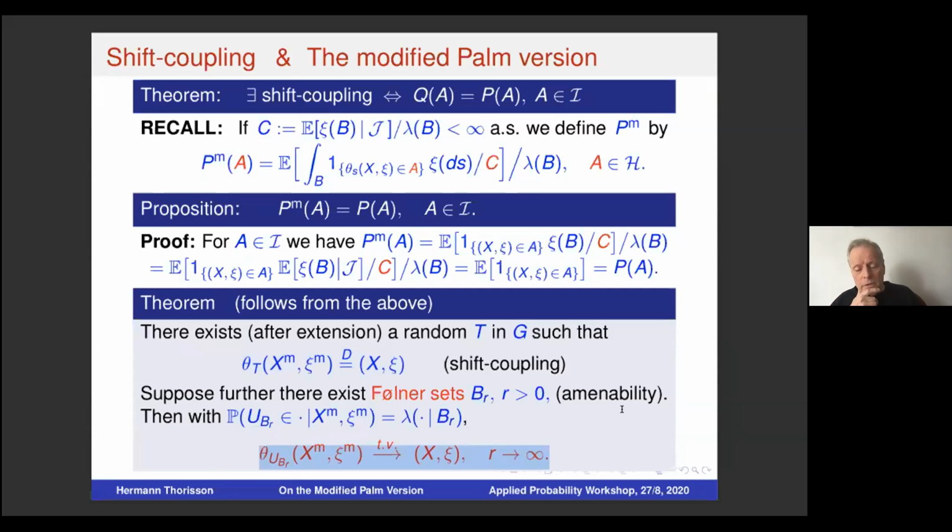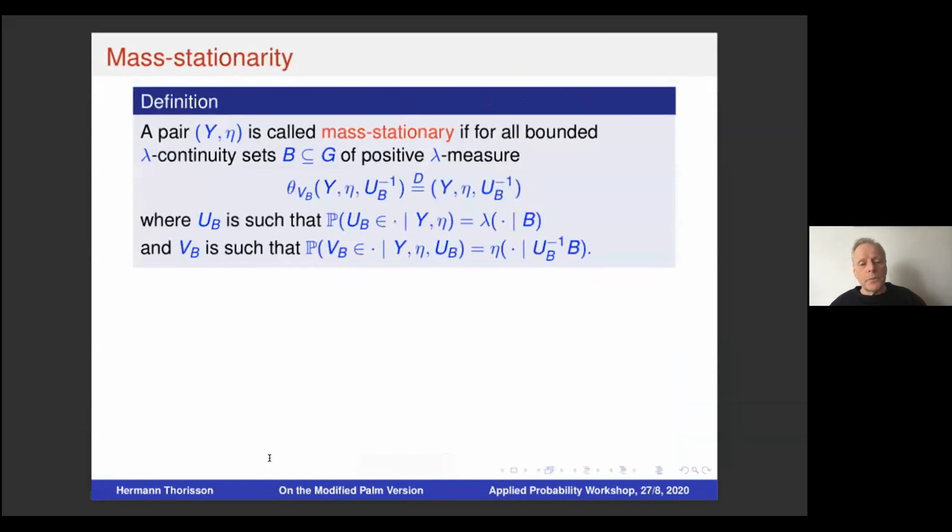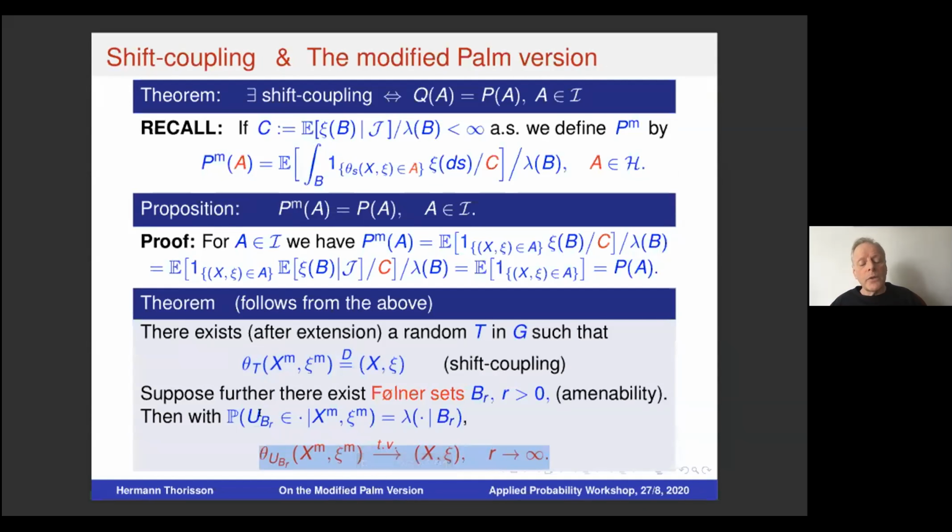And this is different from the one that we had on the slide earlier. Here we take the modified version, and U is uniform. It's distributed according to the Haar measure on B_R, independent of the modified pair.